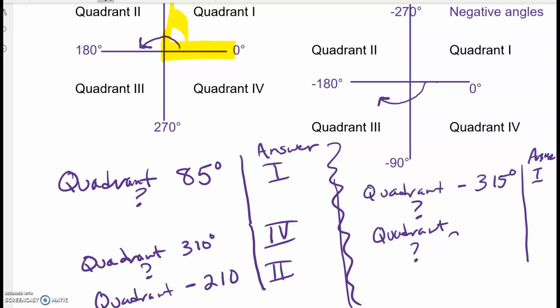Let's say 245 degrees. 245 degrees would land in the third quadrant. All right, so let's do some practice of finding which quadrant this would land in.